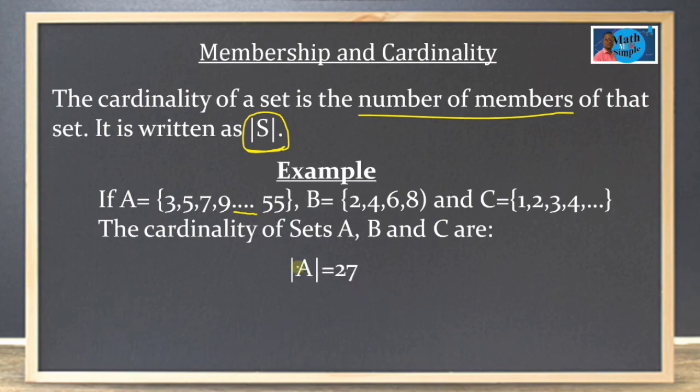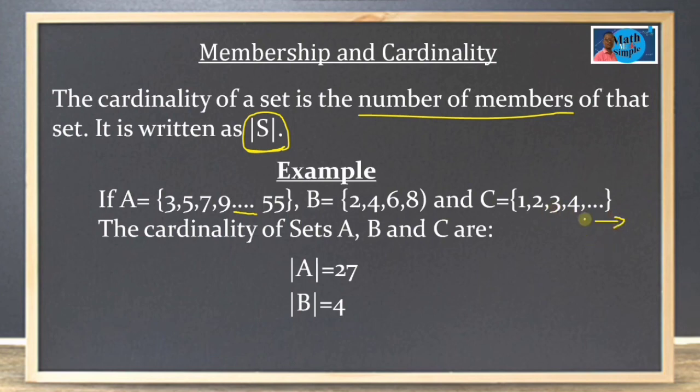So the cardinality is actually the number of members of that set. So when we see set B, 2, 4, 6, 8, this is 4. The cardinality is 4 members. Then set C, 1, 2, 3, 4, and so on. This one means it continues without end.